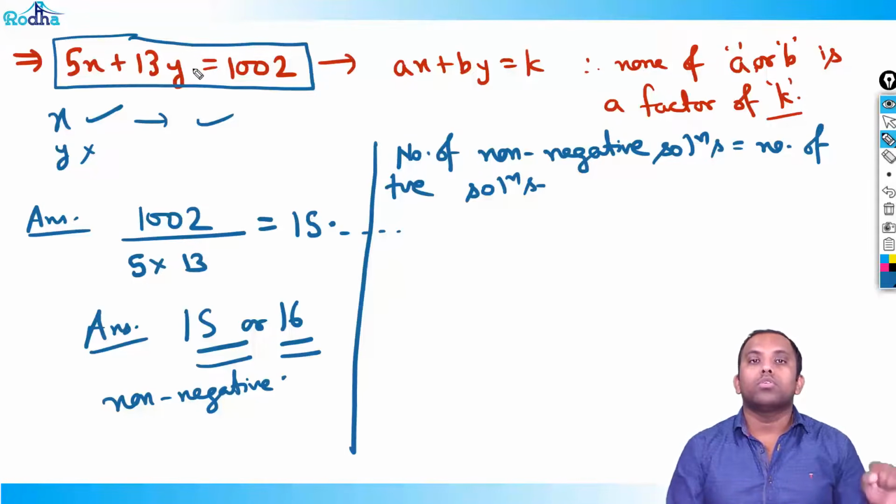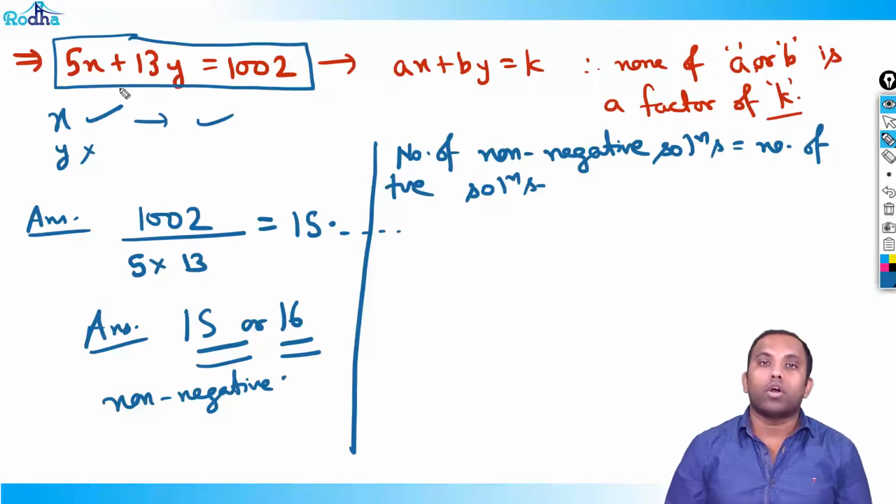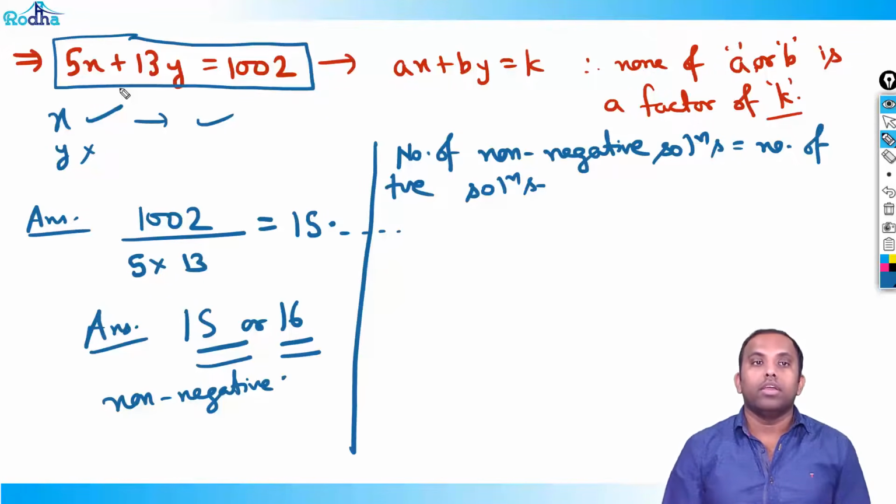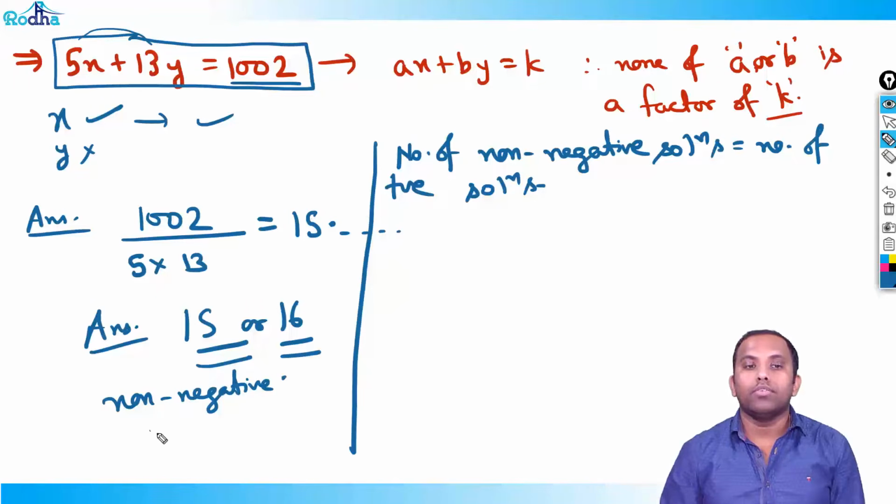So the zero case will not come anyhow, because x cannot be 0 and y cannot be 0. The difference between non-negative and positive is only the case of 0. Since neither is a factor of 1002, if x is 0, y will not be an integer, and if y is 0, x will not be an integer. That's why, for non-negative or positive, both are the same.